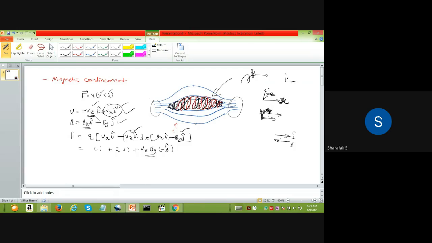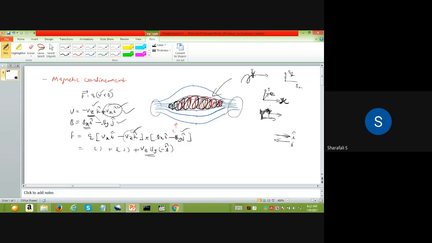The field will be like this, Y, X, experienced by this particular electron or ion, whatever the particle is. So it has both Bx i cap minus By j cap.